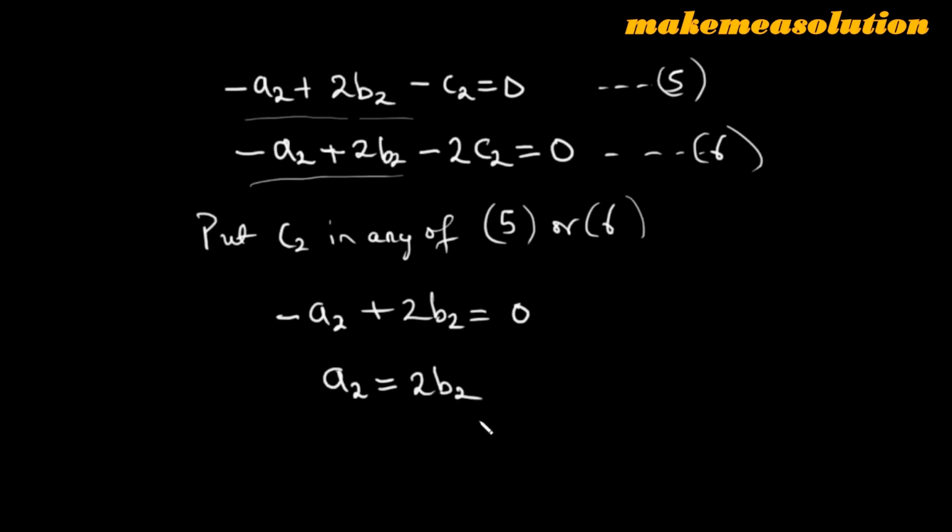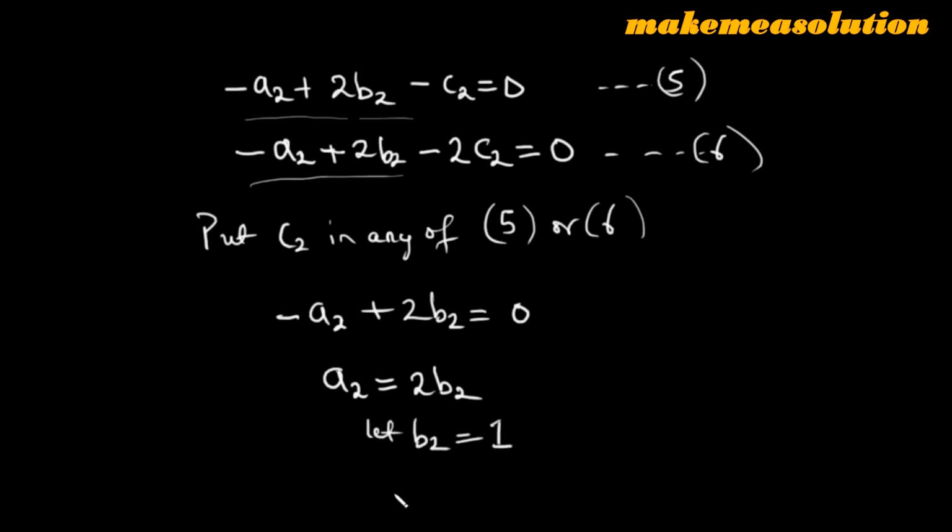Now you can choose a base value just like we did previously. When you're choosing a base value, choose a small base value as much as possible, or a value that will prevent you from doing fractions or complex calculations. So the simplest is let b2 be 1.